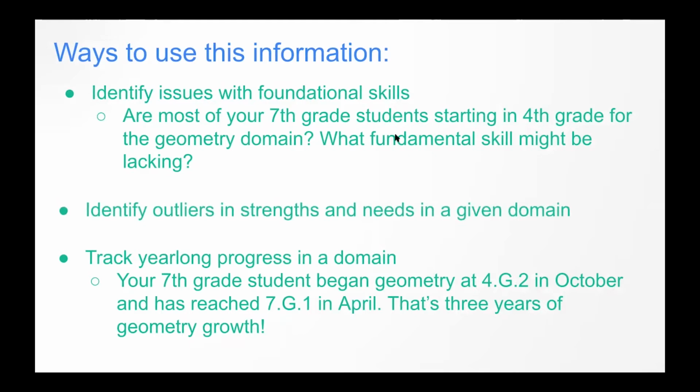And you're also able to identify outliers and strengths and needs in a given domain. So if the vast majority of your students are doing well in a domain, but you have 1 or 2 that are scoring below grade level, or even just a few competencies below, just a slight outlier, that can highlight that so you can use that data.